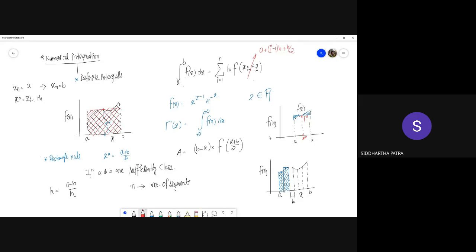To start with, for the first segment, i equals 1, so this portion becomes 0, and I take the function value at a plus h by 2. For the second segment, it would be a plus 3h by 2. So I would substitute i equals 2 over here.